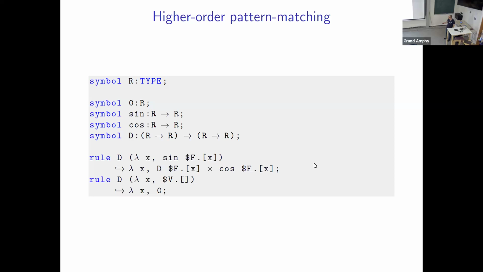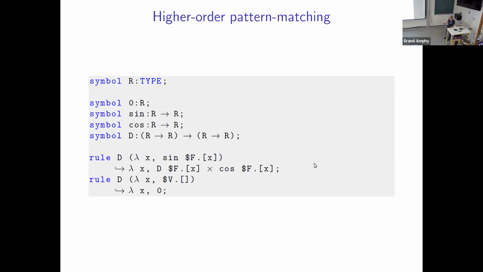And also you are checking whether some bound variable is occurring or not in your instance, in your pattern. So here we are checking that, well, actually there is nothing to check, because there is only one bound variable, so we can take any term here for f of x.